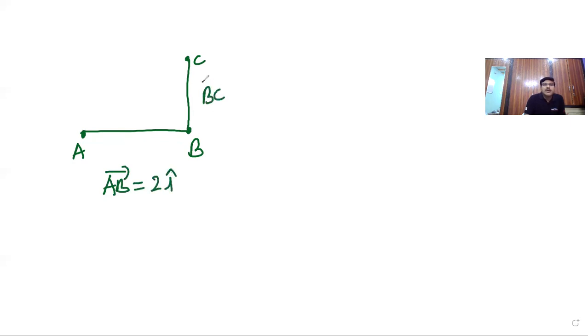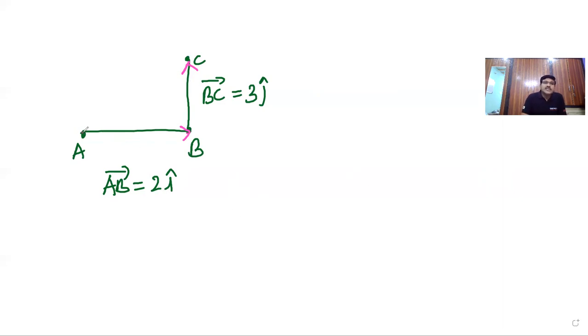Similarly, BC bar is 3 J cap. And direction is from where to where? A to B. Tail and head. Again, here direction is B to C. Tail and head.